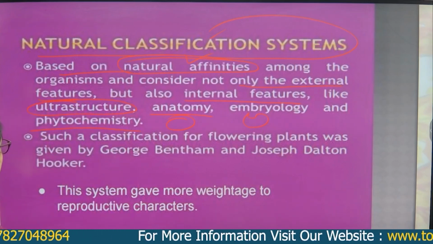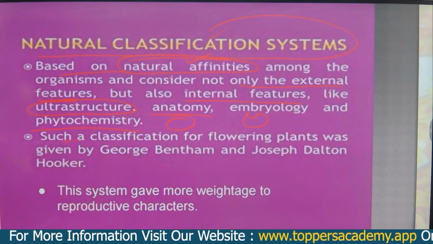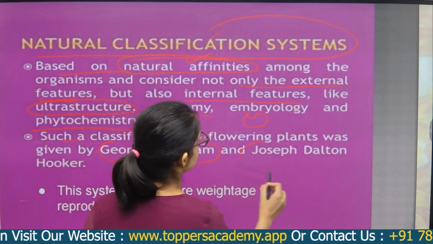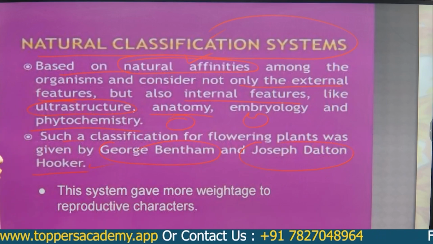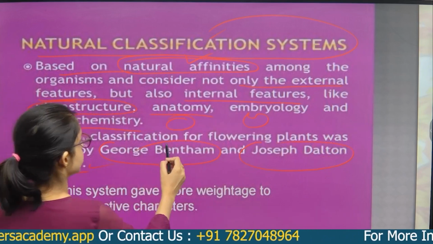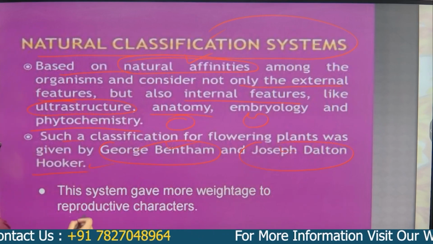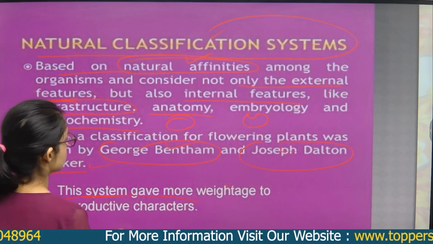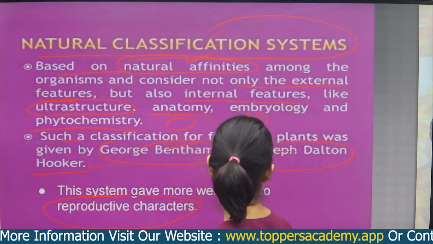Such a classification for flowering plants was given by George Bentham and Joseph Dalton Hooker. This system gave more weightage to reproductive characters, so it was a good system of classification.